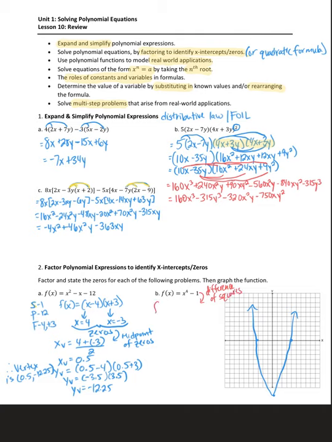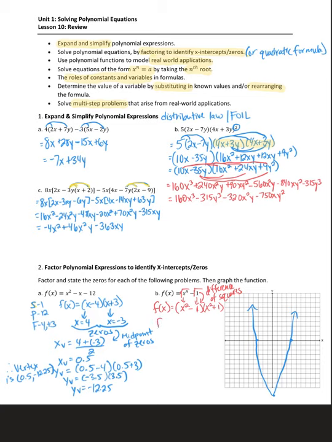Okay, so if we have a difference of squares, we can just take the square root of both of these, square root of x to the power of 4, and square root of 1. So the square root of x to the power of 4 is x squared, and the square root of 1 is 1. So we're going to have a minus version of that, and we're going to have a plus version of that. So x squared minus 1 and x squared plus 1.